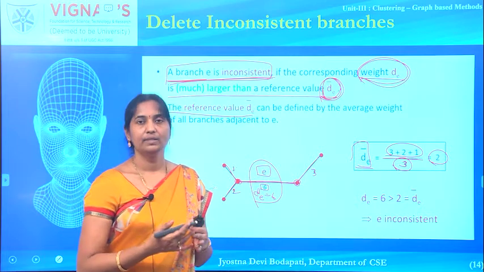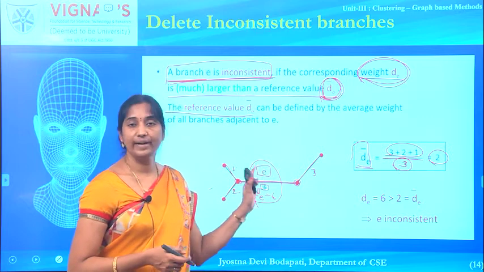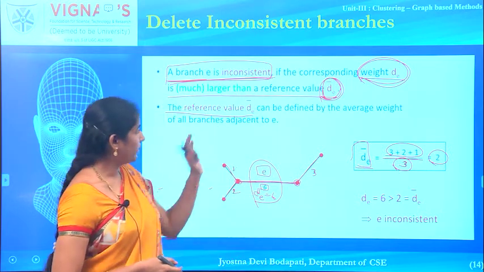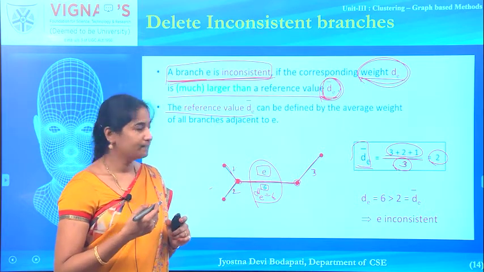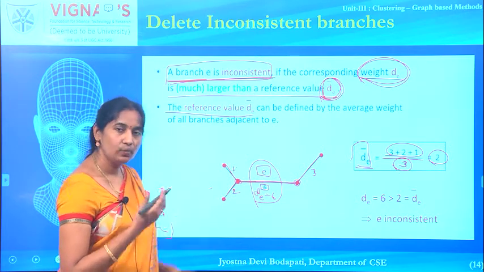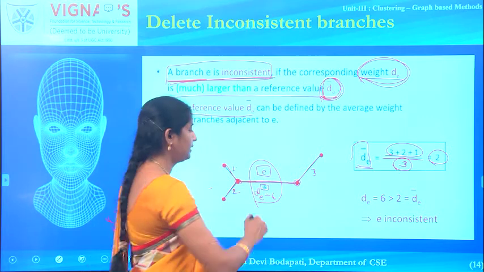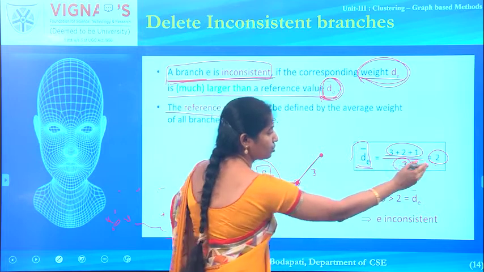So, I repeat, the reference value is computed as the average weight of the edges associated with any edge, and an edge is known as an inconsistent edge if its weight is greater than the reference value. Now, consider this case: its edge weight is 6, but its reference value is 2 only.